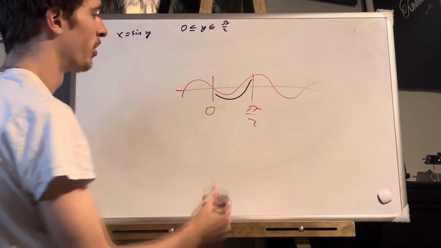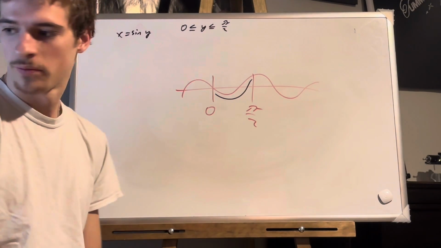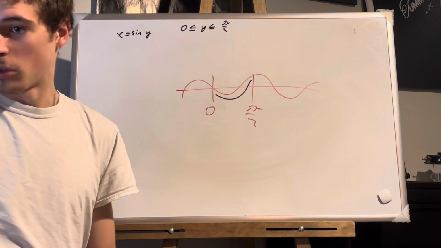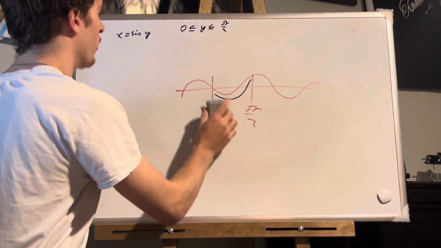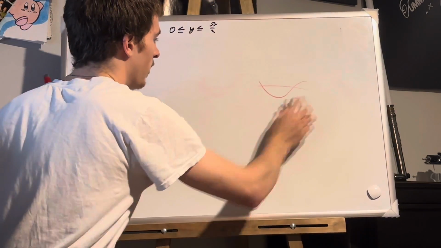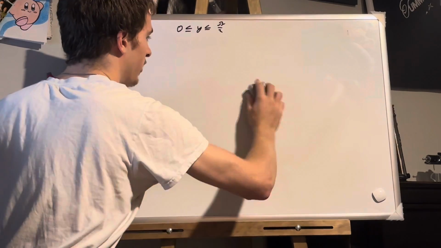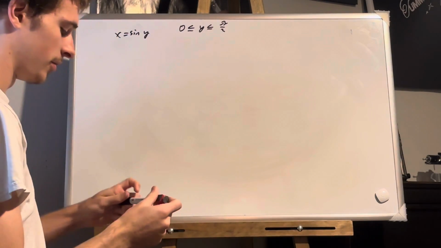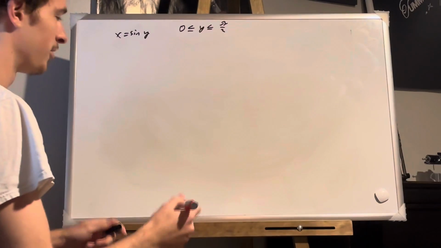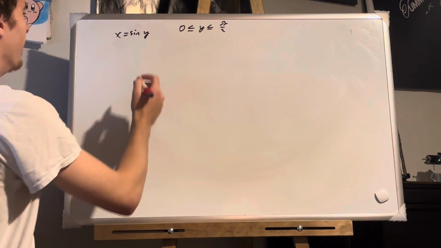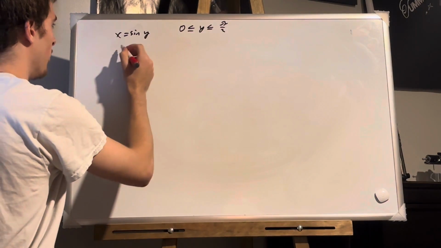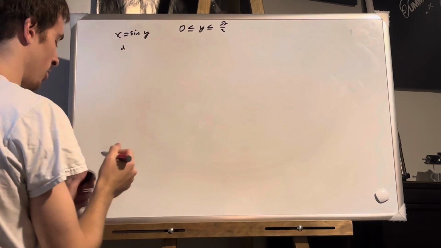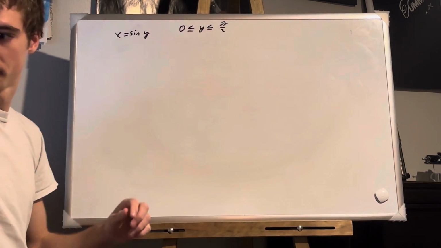So that's kind of what we're looking for. We're looking for that curve. What is that arc length? Thankfully, someone miraculously, it's pretty impeccable how people figure this stuff out. But we figured out how to put that into an equation, which is pretty cool. So let's start the problem here.